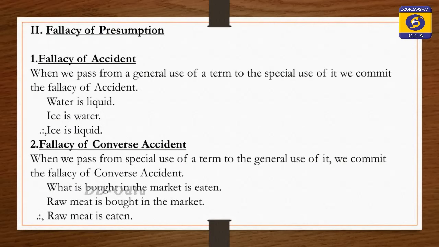In the first proposition, water is used in a general sense. In the second proposition, it is used in a special sense. So, here we pass from the general use to the special use. We pass from general use of a term to the special use of the term and we commit the fallacy.